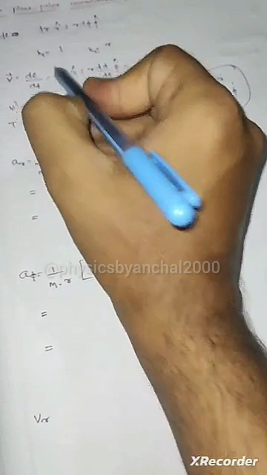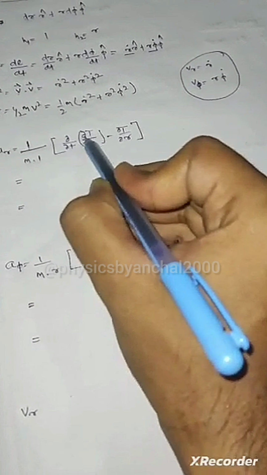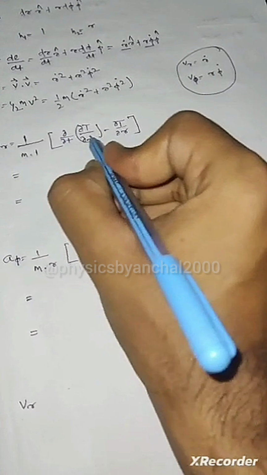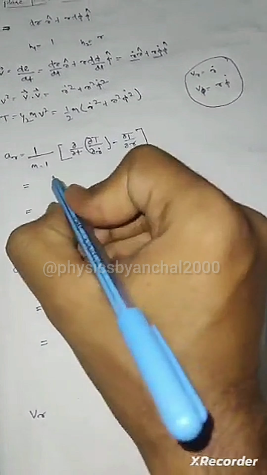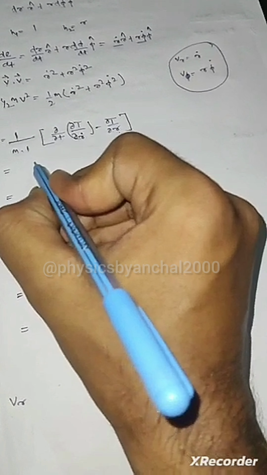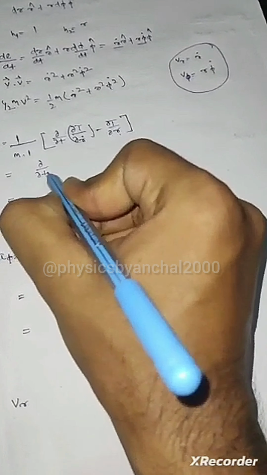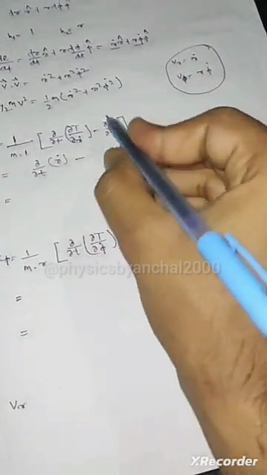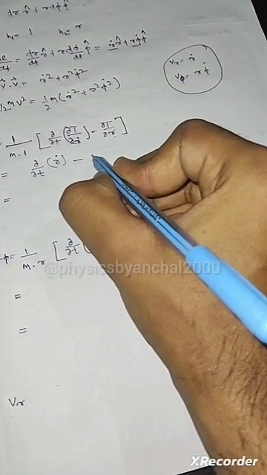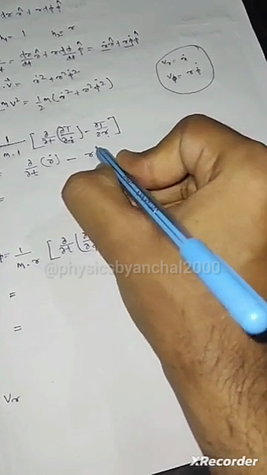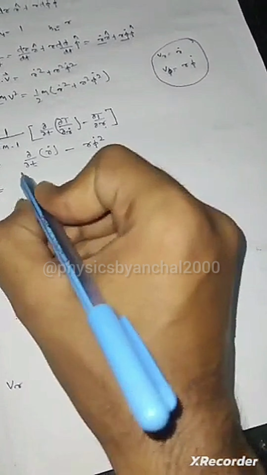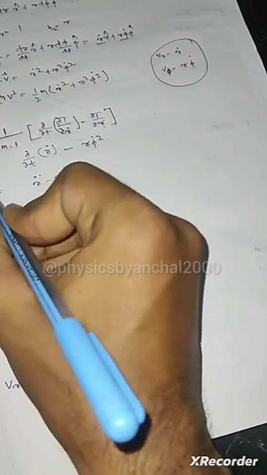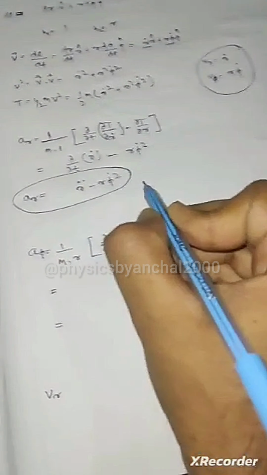What is h1? h1 is 1. So 1 by m into 1, d by dt of dT by d r dot minus dT by dr. Just differentiating with respect to r dot and r, I can write this as d by dt of r dot minus r phi dot squared, and this will be r double dot minus r phi dot squared. This is the radial component of acceleration.